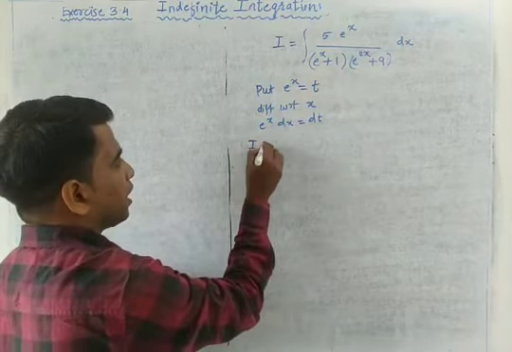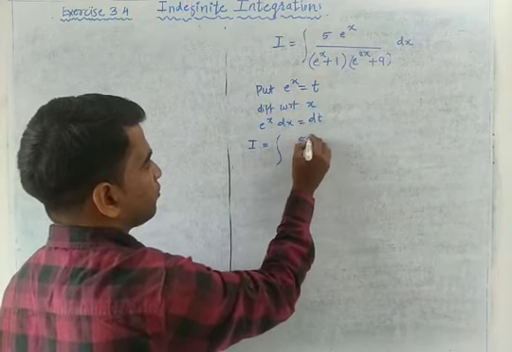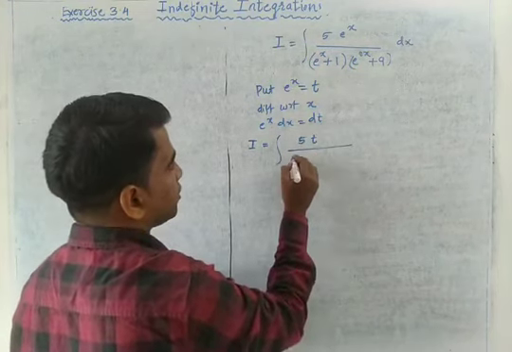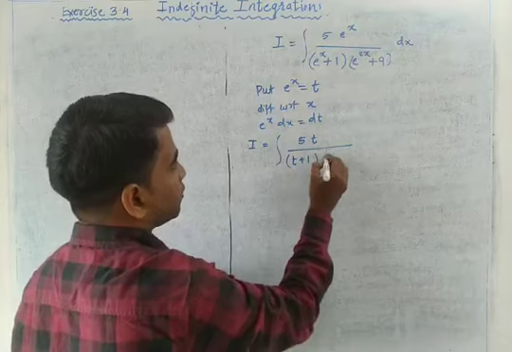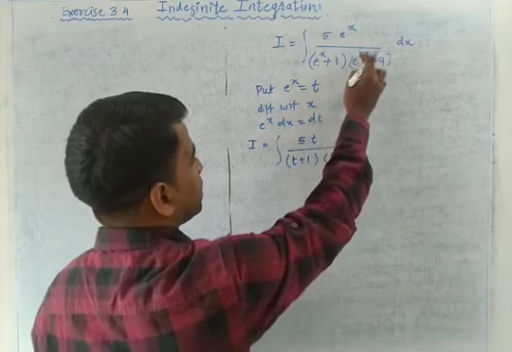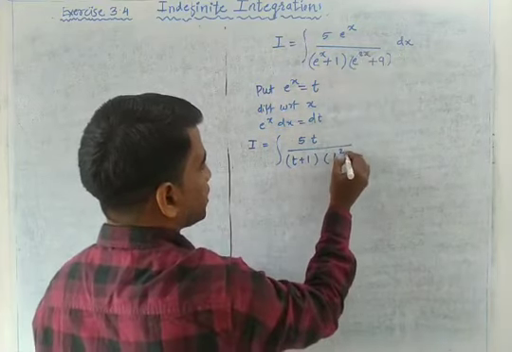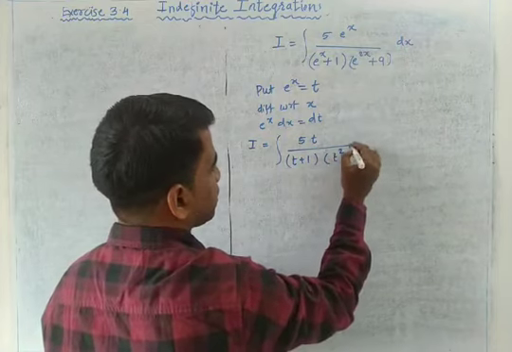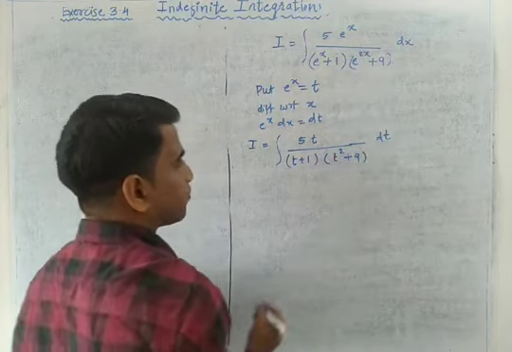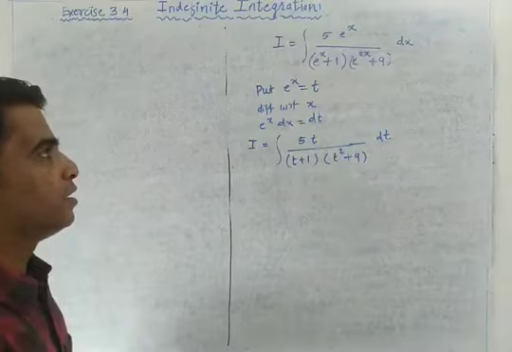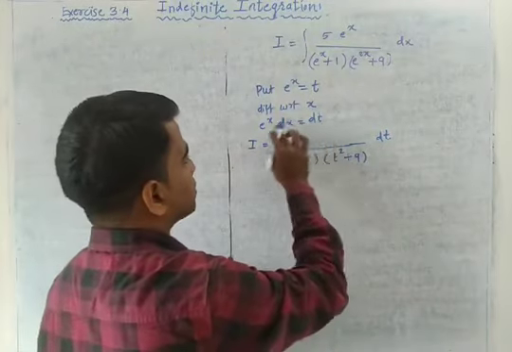So we will get I is equal to integration 5t upon (t plus 1) into (t square plus 9) dt, where e raised to x is t, and e raised to 2x can be written as t square. Get that? e raised to x dx becomes dt.